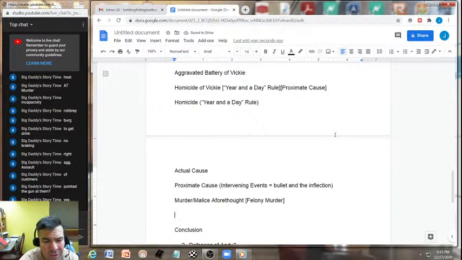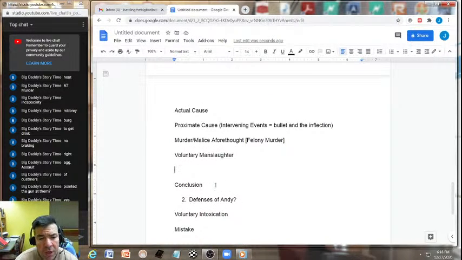I don't see as much voluntary manslaughter here, though you could argue it. Very short discussion though, because even though it might have provoked Andy to shoot his firearm, being in such rage, there could possibly be an argument that there was enough time to cool off. Then we got involuntary manslaughter.